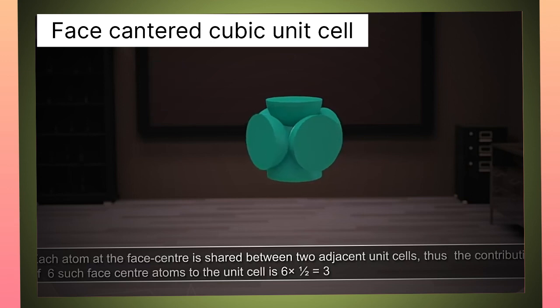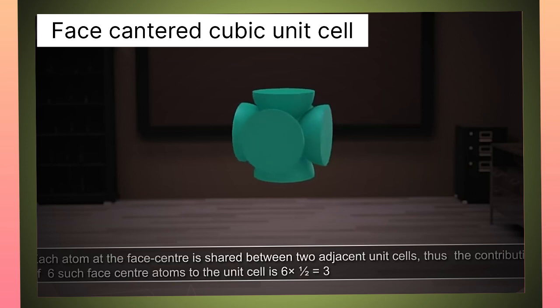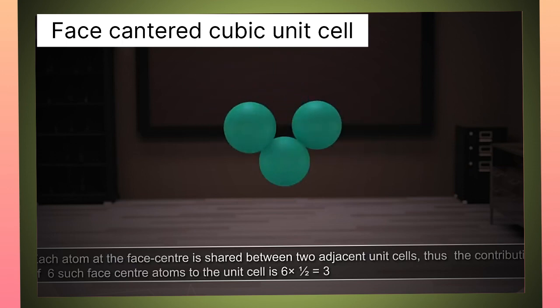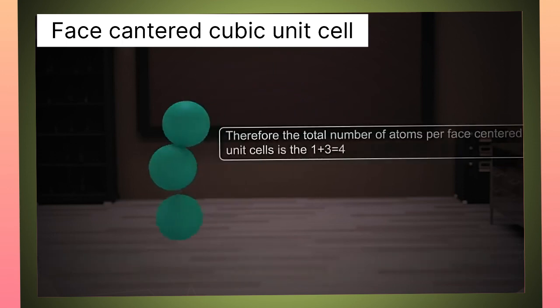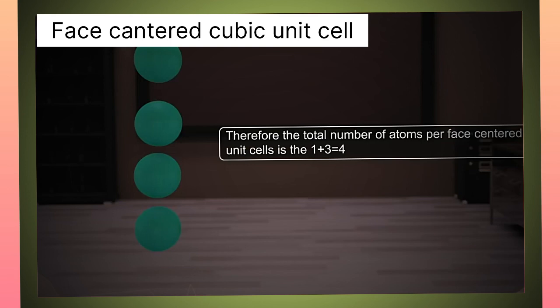And 6 face-centered particles with the contribution of 1/2, that becomes 6 times 1/2, that becomes 3 atoms per unit cell. Therefore, 1 atom from the corner and 3 atoms from the face. Therefore, the number of atoms becomes 4.